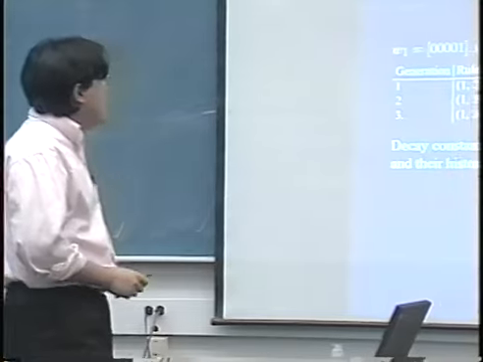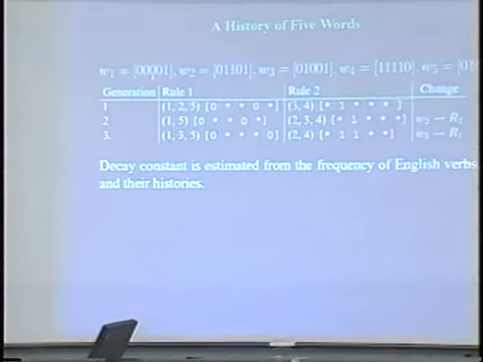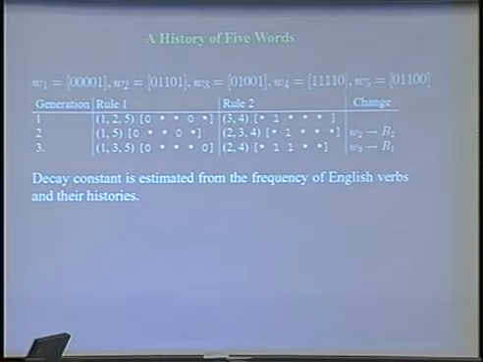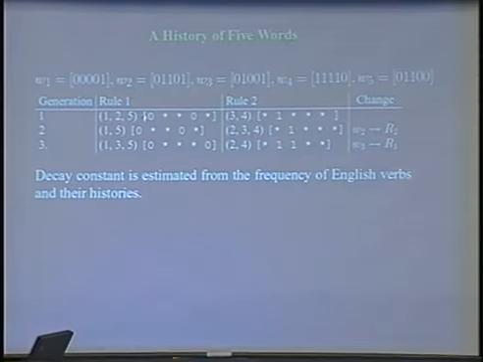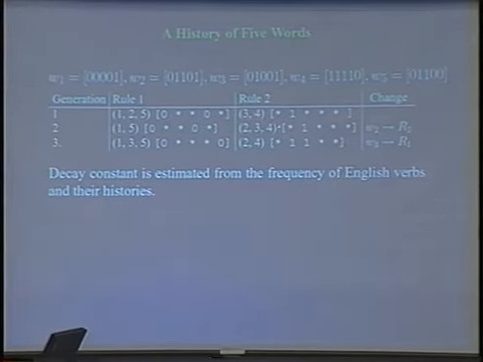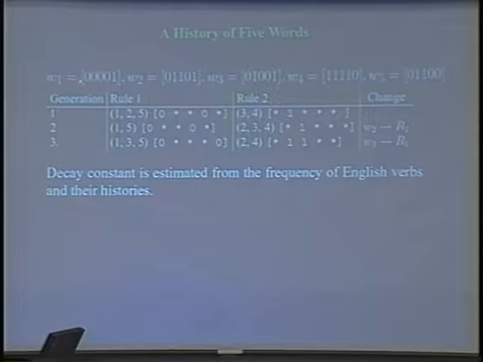Just to give you an example, suppose we have five words. In generation 1, these three are in rule 1, and rule 2 has words 3 and 4. You collapse zeros and ones with stars, so you get 0 star star, 0 star, and so on.